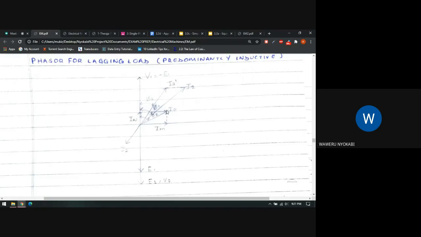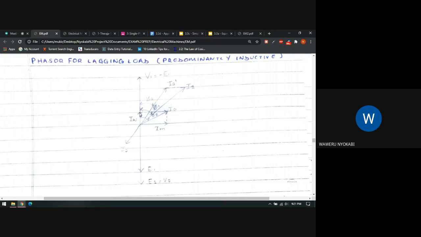I remember we talked about this when we were doing the practical transformer with no load, when the iron losses have been factored in. So we have I naught, whose components are Im and Iw. We already had that before.